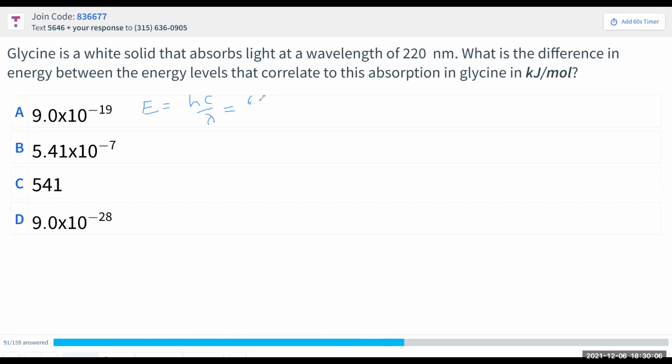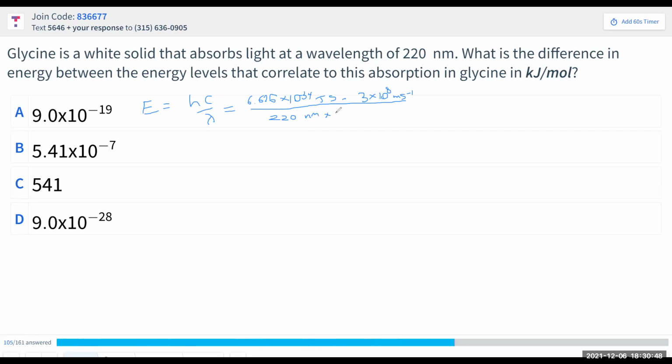Planck's constant is 6.626 times 10 to the power of minus 34 joule seconds, and the speed of light is 3 times 10 to the power of 8 meters per second, and then divide this entire thing by the wavelength, which is 220 nanometers.